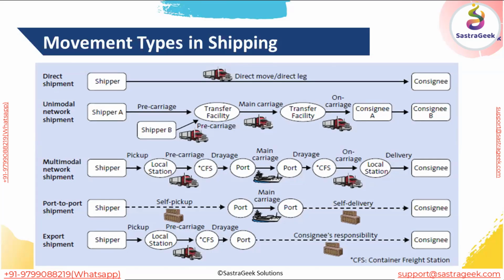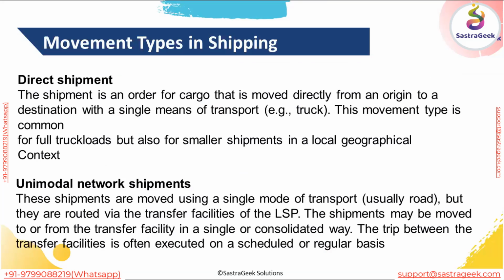In the transit facility, it is consolidated into one single shipment, and the shipment moves from one facility to another facility, and then distributes to the consignees. This is basically a unimodal scenario. These shipments are moved by a single mode of transport, usually road.